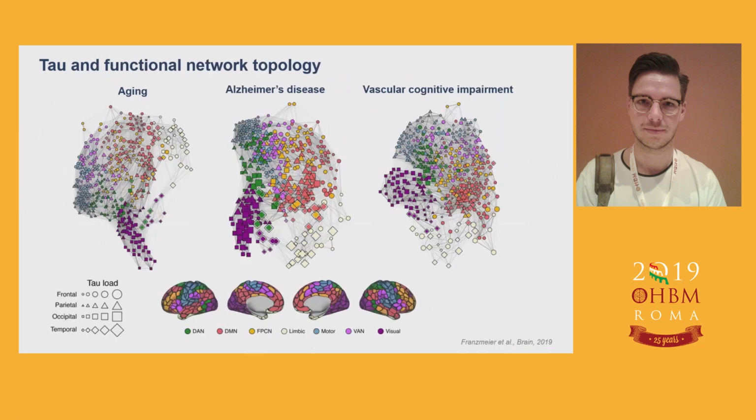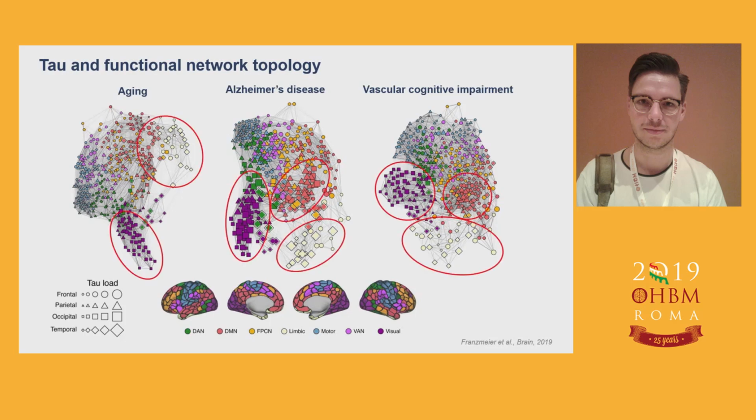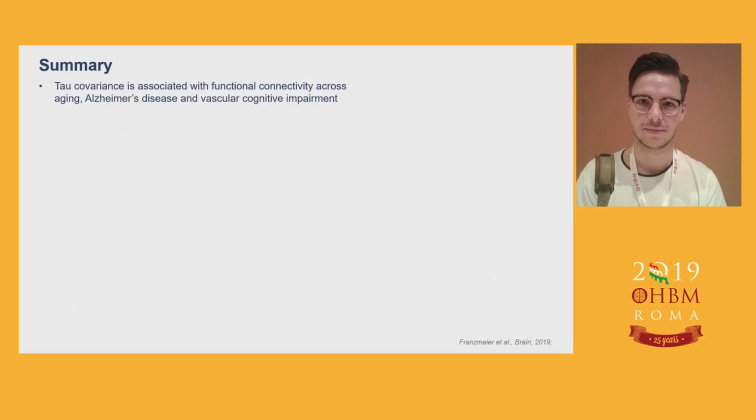And to illustrate that point further, we rendered just the connectivity pattern in force-directed plots, where the proximity of nodes is determined by functional connectivity, and the size of nodes is determined by the tau PET uptake group average in that sample. And you can see that regions with similar tau levels cluster together, both on the high-end spectrum and on the low-end spectrum.